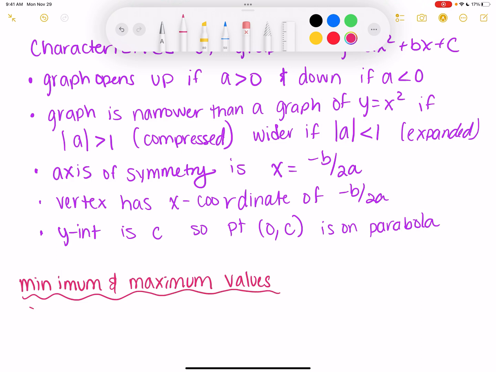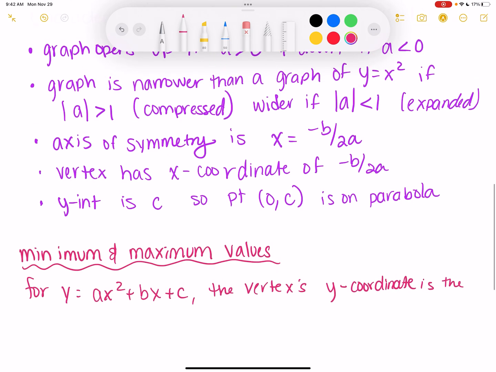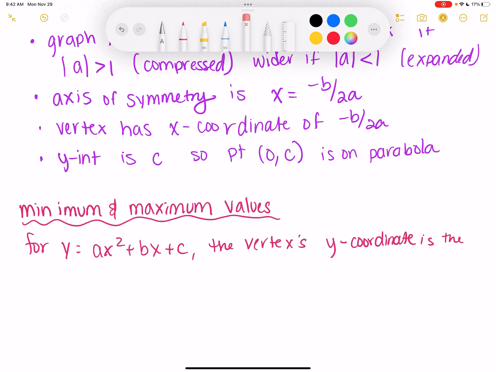For y is equal to ax squared plus bx plus c, the vertex y-coordinate is the minimum value of the function if a is greater than 0.